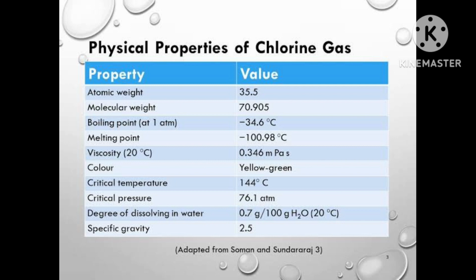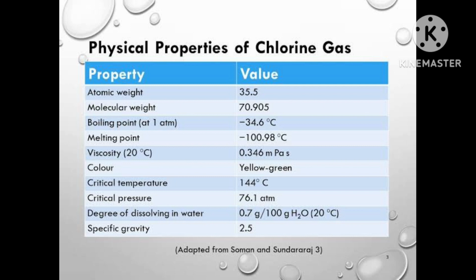Bleaching cotton and textiles, here it is used. Second use I am telling you, in the extraction of gold and platinum.